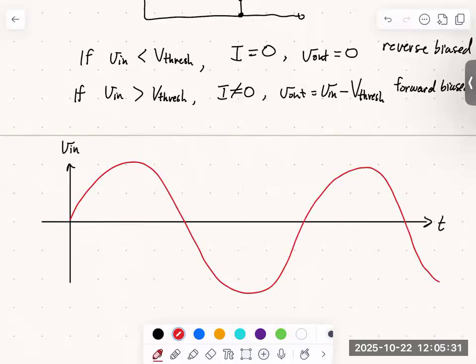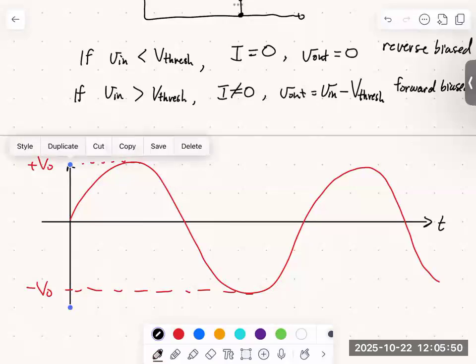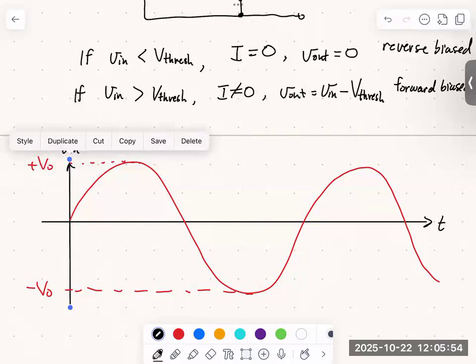Okay, that's not too bad, I guess. And so this sine wave goes between some positive V naught and some negative V naught. Okay, maybe I can extend this.